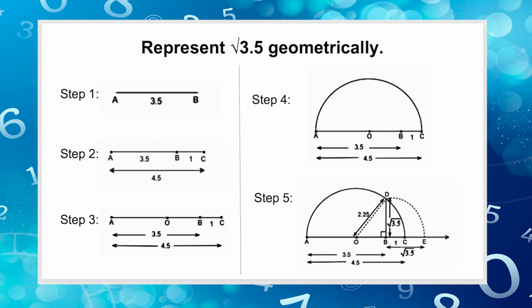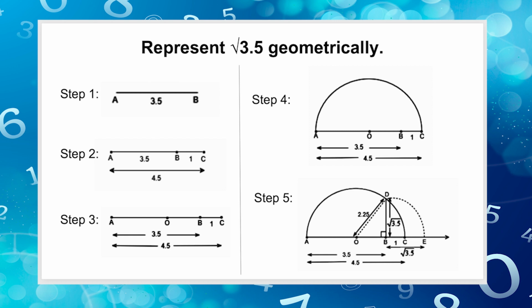That is, we find root 3.5 geometrically. Step 1. Mark the distance 3.5 units from a fixed point A on a given line to obtain a point B, such that AB equals 3.5 units.